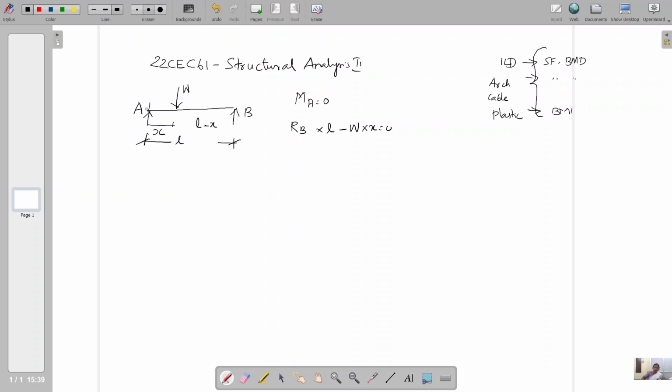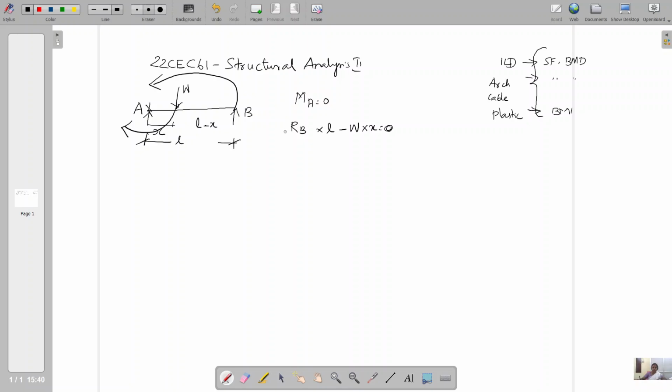You have to rotate all the forces about A. The RB reaction rotates like this, and the total load W rotates in the opposite direction. So while making the statement MA equal to 0, we get RB into L minus W into x equal to 0.